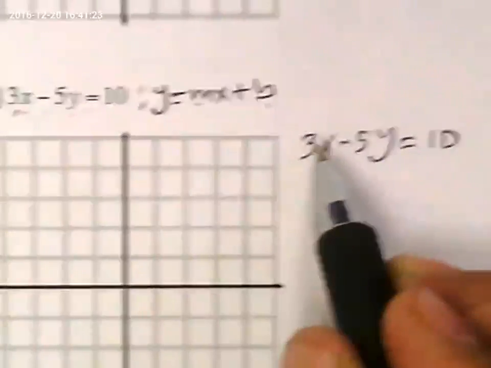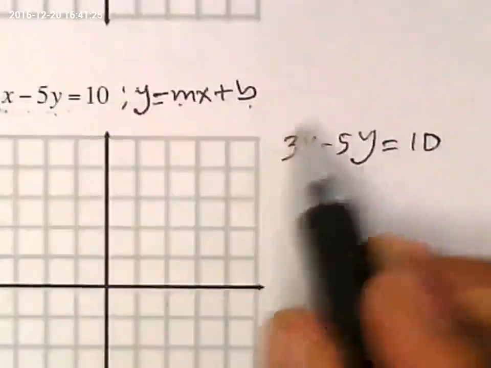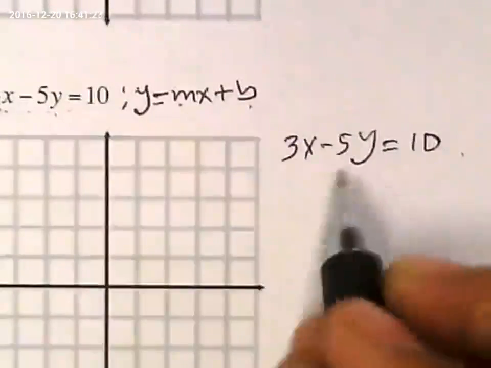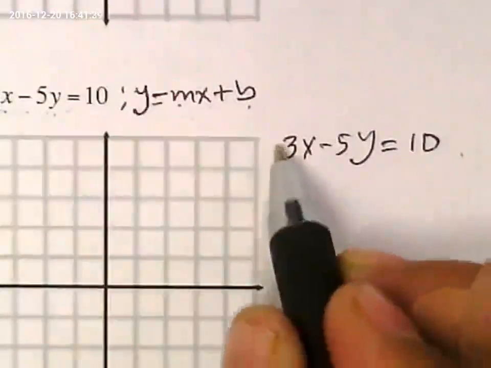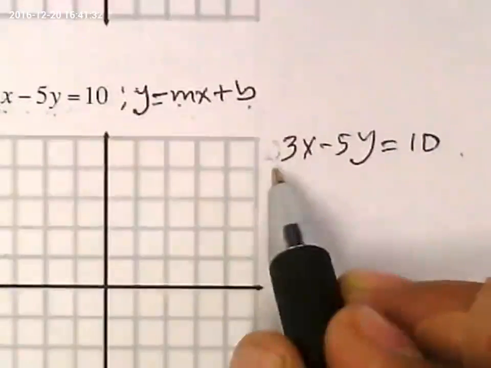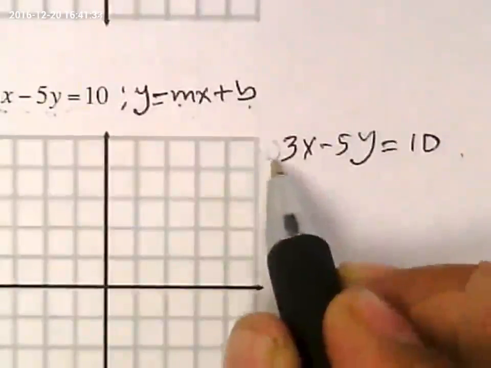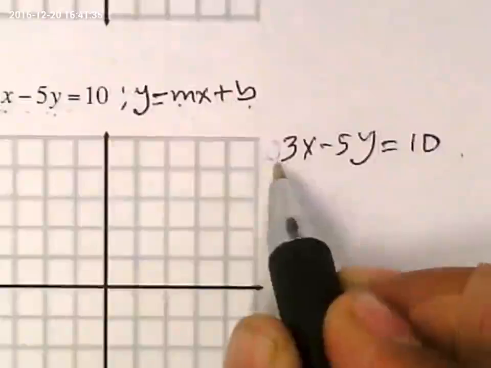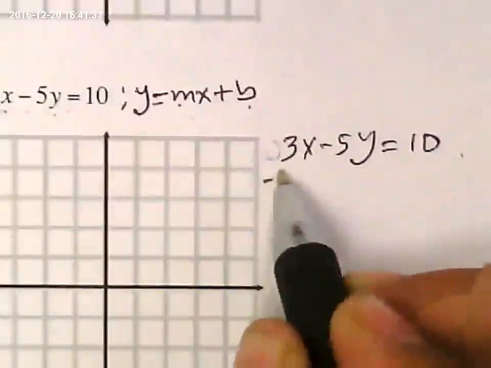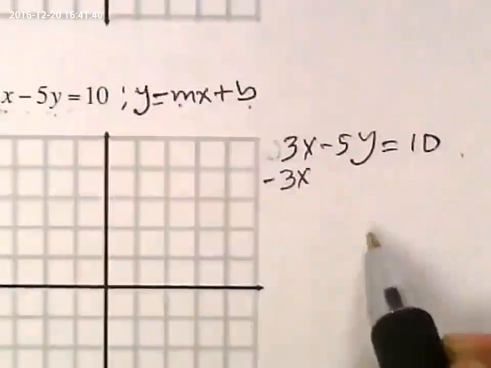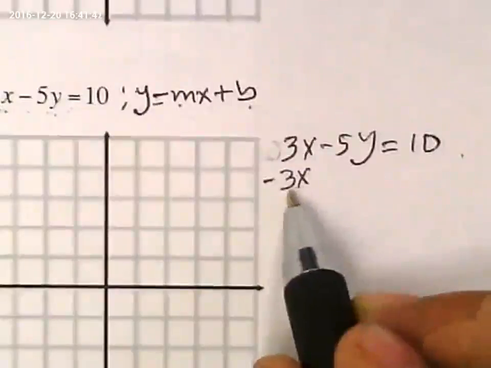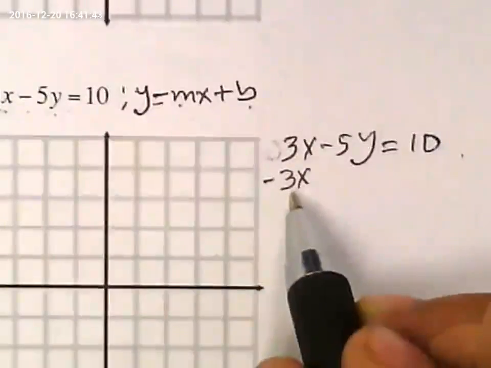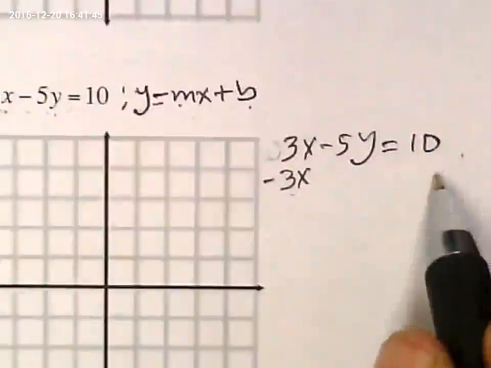So I need to get this 3x to the other side of the equation. To do that, this is positive 3x. There's no sign here in front of the 3. That's why it's positive 3x. So we do the opposite operation. It is negative 3x. So if you do negative 3x here, you need to do the same operation to the other side of the equation.